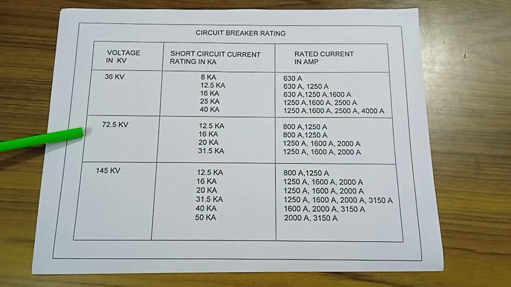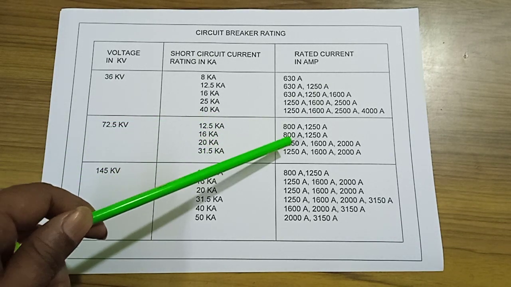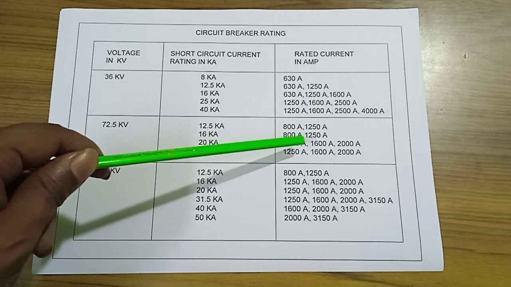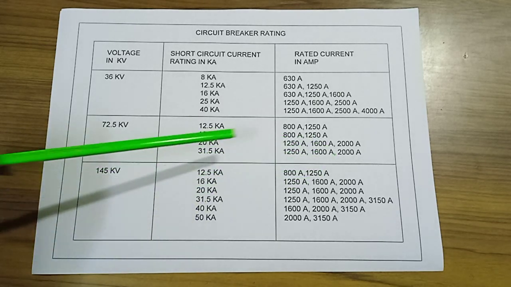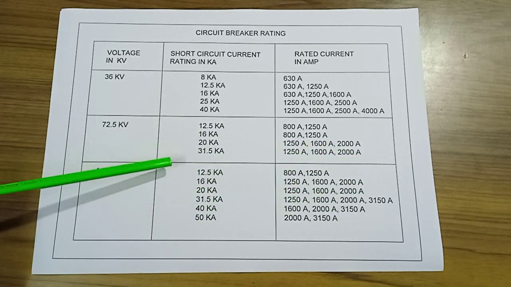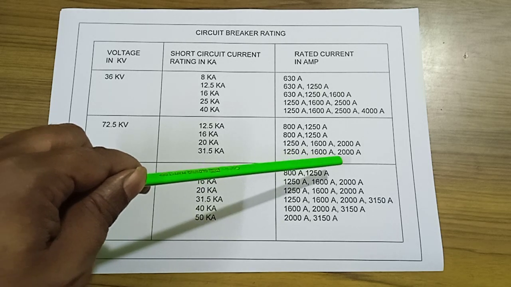And here is for 72.5 kV: 12.5K, 800 ampere, 1250 ampere; 16K, 800 ampere, 1250 ampere; 20K, 1250 ampere, 1600 ampere, 2000 ampere; 31.5K, 1250 ampere, 1600 ampere, 2000 ampere.